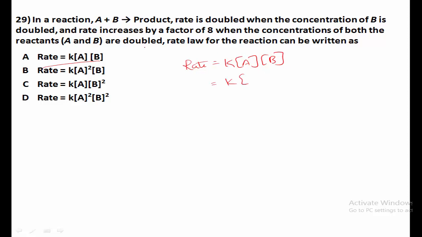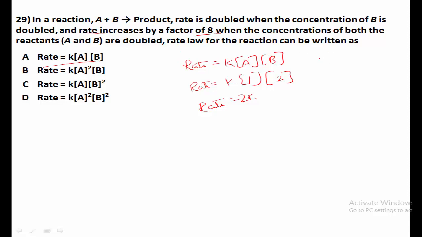We will just see. A, I will take as 1, and B, I will take as 2. Then what happens to the rate? It increases 2 times, means the rate is also doubled. Now we have to see rate increases by factor of 8 when the concentration of both the reactants are doubled.